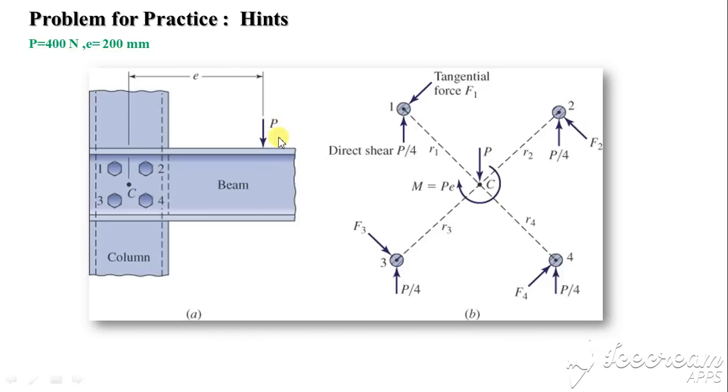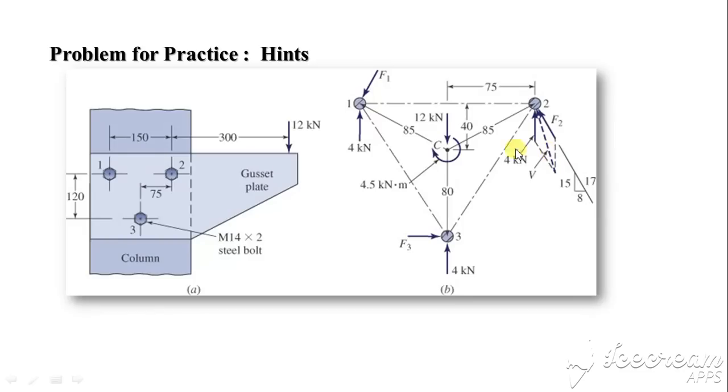Here they have given the notation P, you can take W. This value of E and the P I have mentioned here, you can take any other values to cross check your answers. Loading diagram here again, W, moment created at CG, so accordingly primary forces and secondary forces will create the moment as it is clockwise, so anti-clockwise moment for secondary forces.